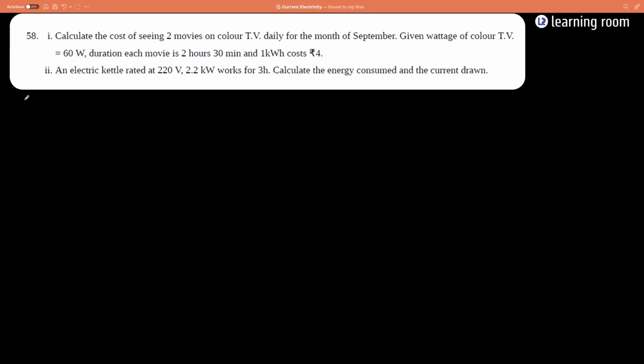Do this. So is it 36 rupees for the first one? Which one? 58. No? Correct. So how many hours are they watching in the month of September? 5 into 30, it is going to be 150 hours.